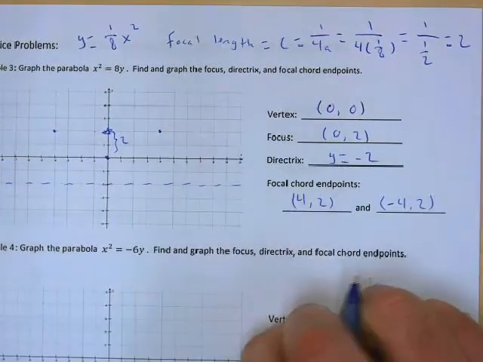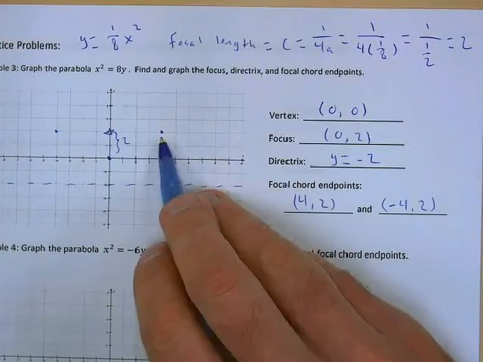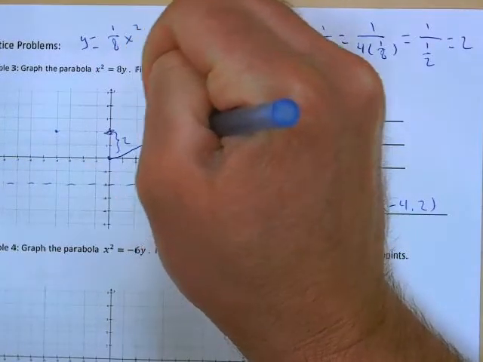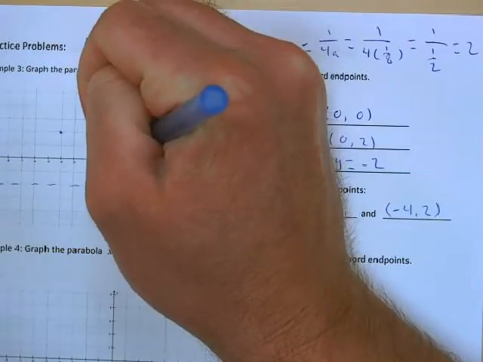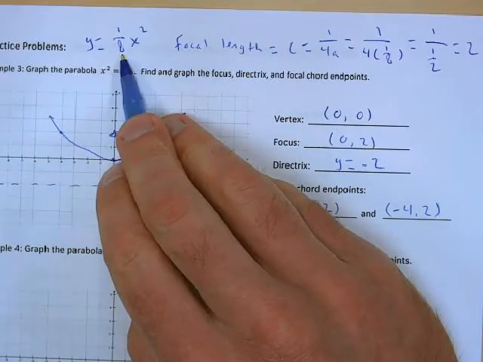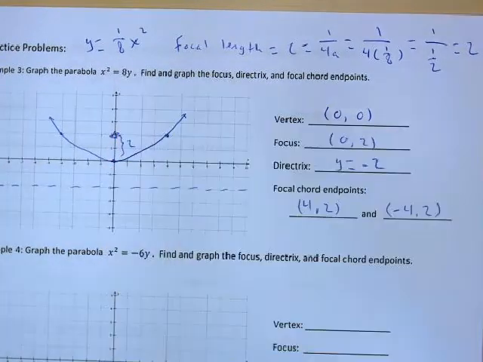And then now I can draw my parabola a little bit more accurately since I have these extra points there. And as you can see, this one's going to be wide and opening up, which, yeah, that looks right because our A value is 1/8 and it's positive 1/8, so it's opening up. Okay, so anyways, there's example number 3.